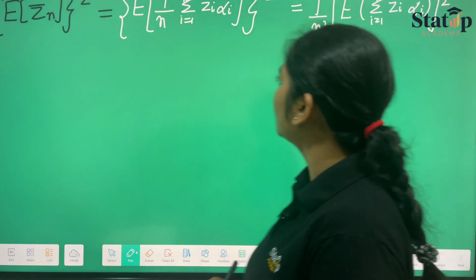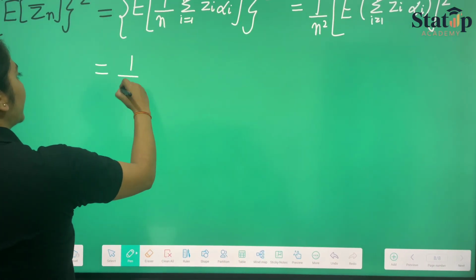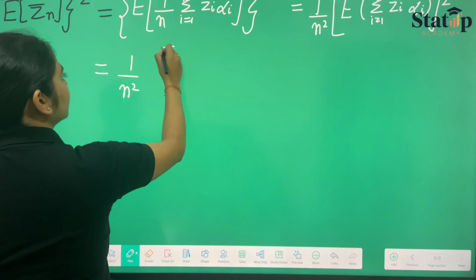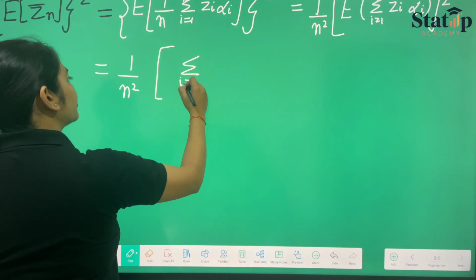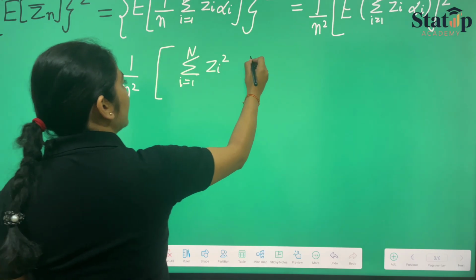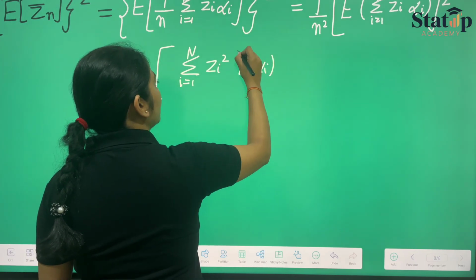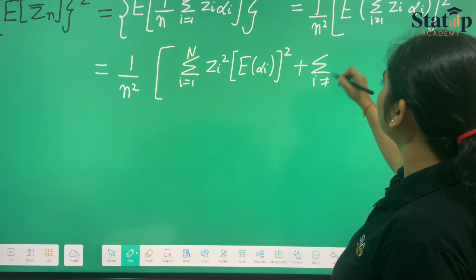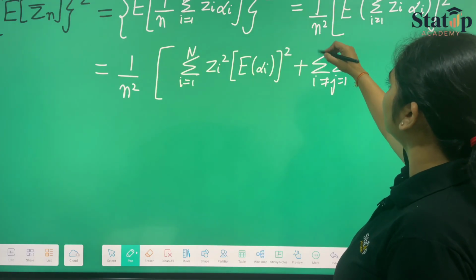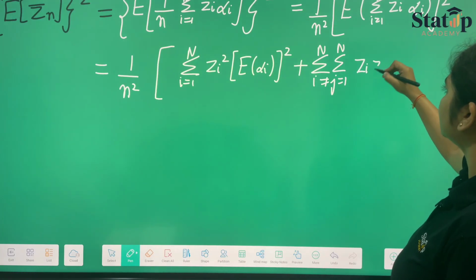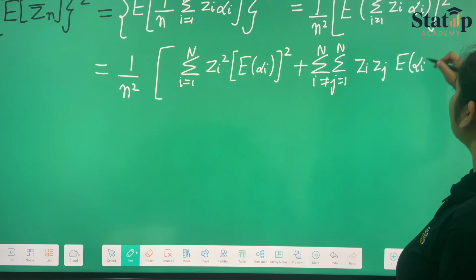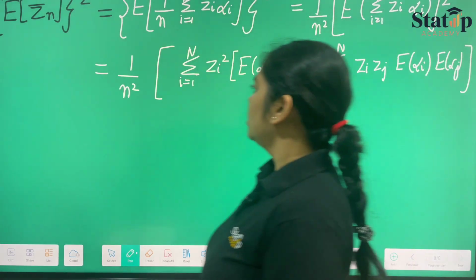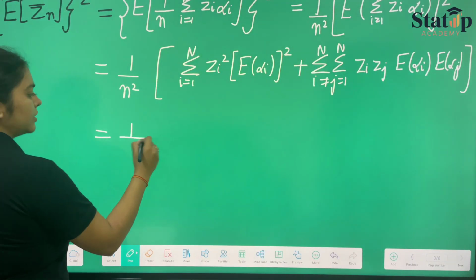Now opening the whole square, we will be getting 1/n² times the expectation of summation i goes from 1 to n zi² E(αi)² plus summation i not equal to j goes from 1 to capital N zi zj E(αi) into E(αj). Now the expectation of αi, we know, is nothing but πi.